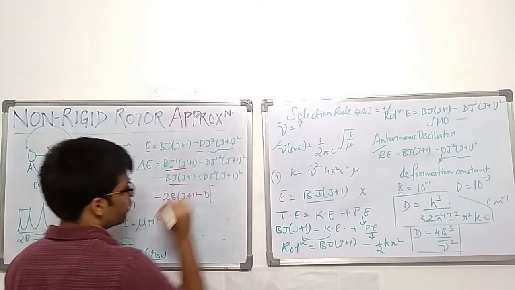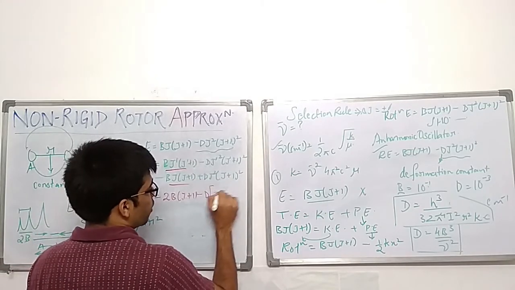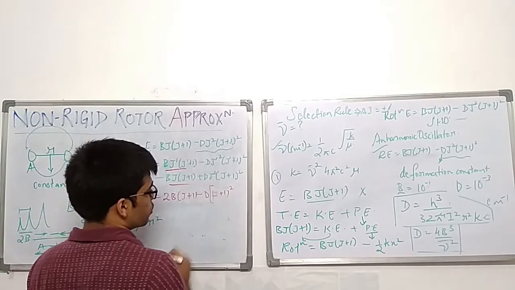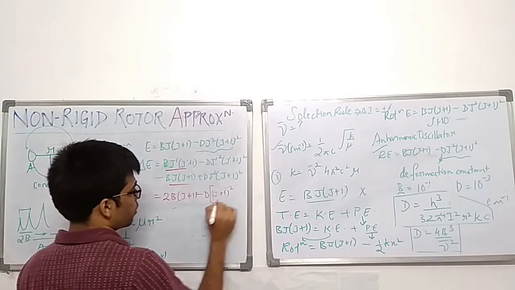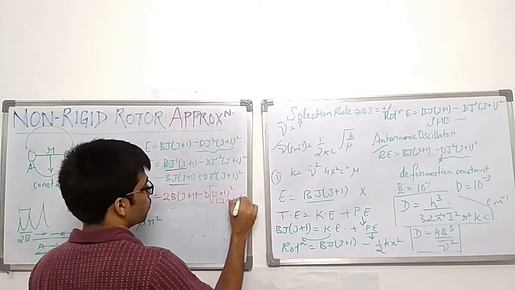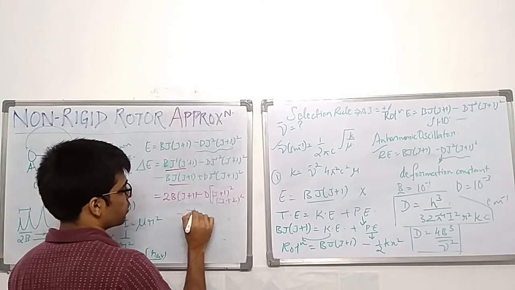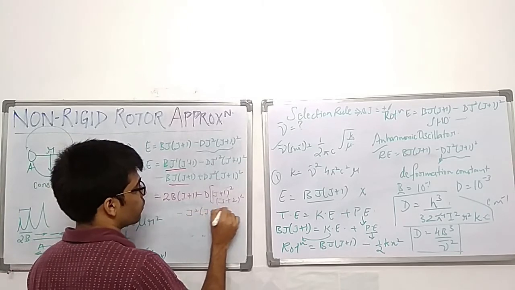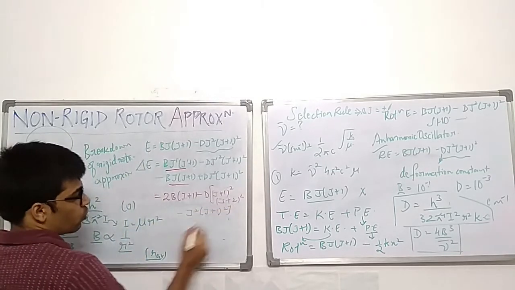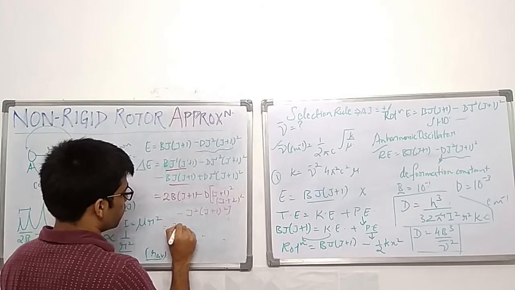Taking D as common, J' is J plus 1, and this is square, and the other part will be J plus 2 square minus J square (J+1) square. So again (J+1) square goes common.